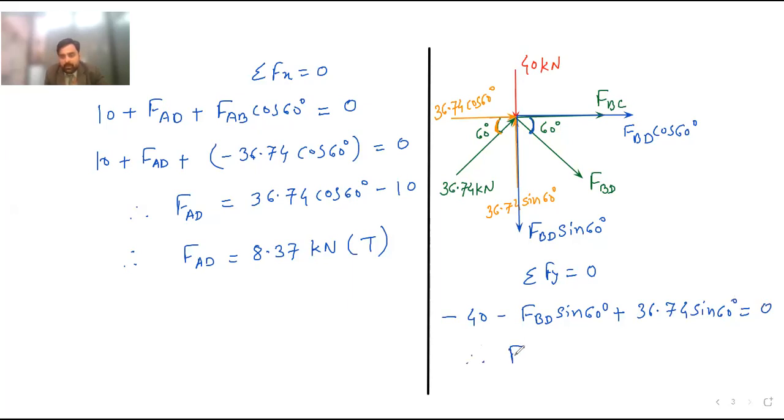Therefore, FBD sin 60 is equal to 36.74 sin 60 minus 40. Therefore, what is the force in member BD?